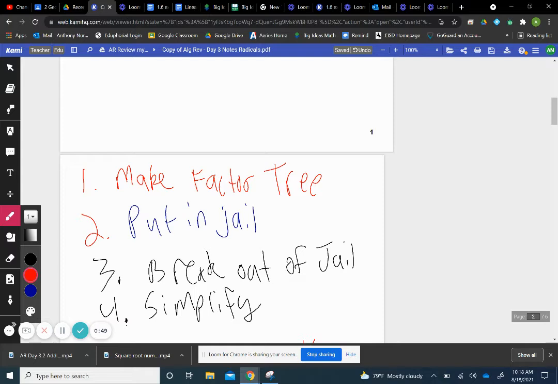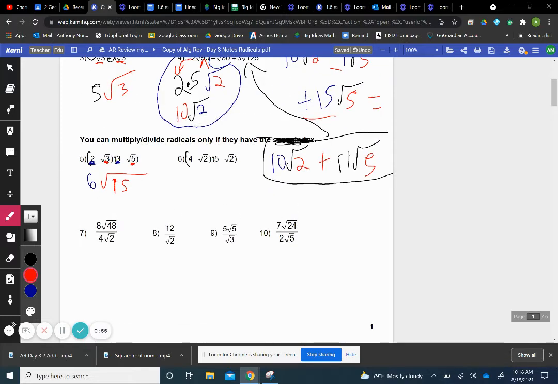Make factor tree, put in jail, break out of jail, simplify. We do not need to simplify because 15 turns into a 3 and a 5. There are no pairs. So we are done. This is the answer.